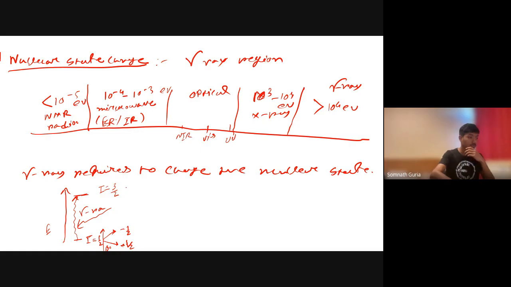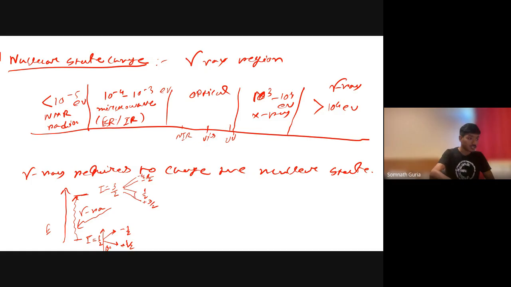Again, this 3 by 2 in presence of magnetic field, we can make plus 3 by 2, half, minus half and minus 3 by 2.